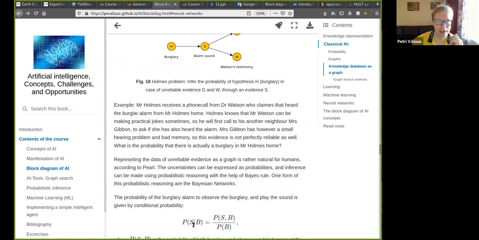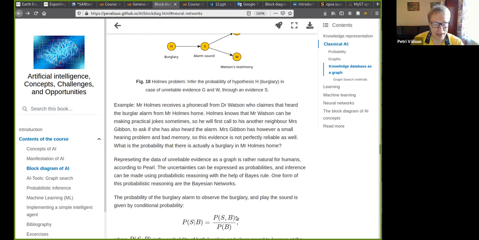So P(S|B) means the probability of alarm sound in case of burglary. So if burglary happened, what is the probability that this alarm sound is switched on? And probably those who are delivering these alarm systems can tell you what this probability is. This is a very accurate alarm system, and in 90% of cases of burglary, it will notice it and ring an alarm sound. So then this would be 90%.